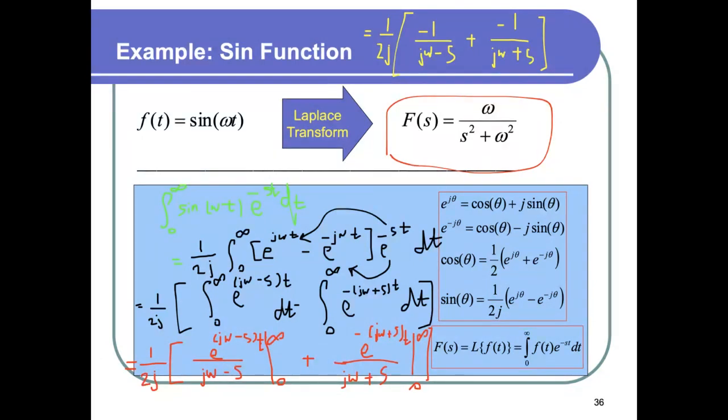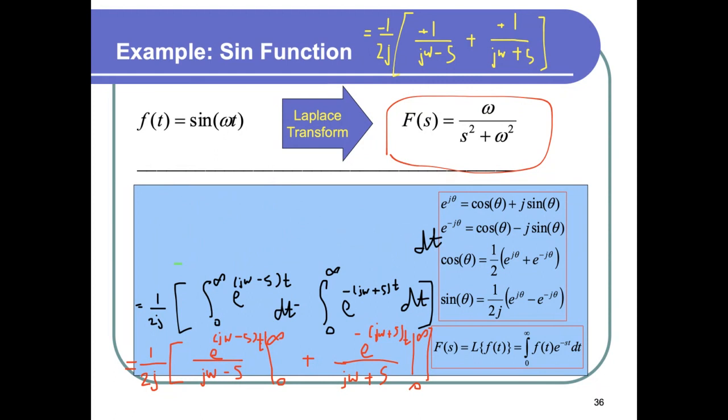Take a common denominator. Let me just have a negative sign here, then take a common denominator. If we take a common denominator, what happens is the following. We will have minus 1 over 2j.